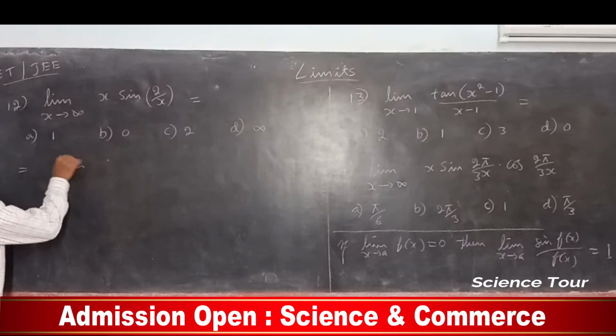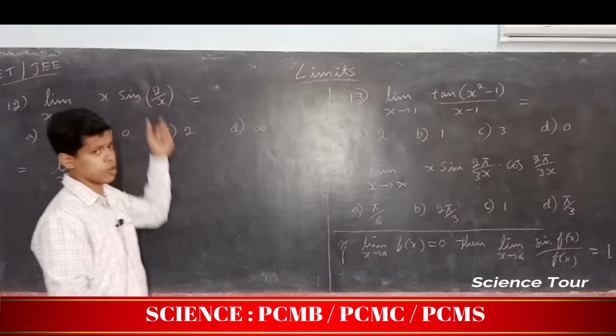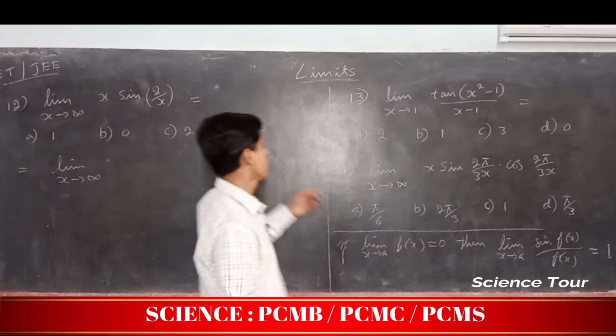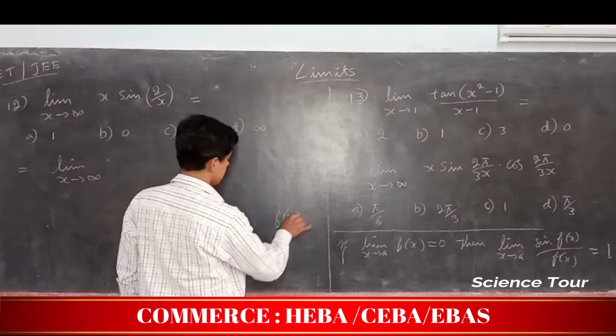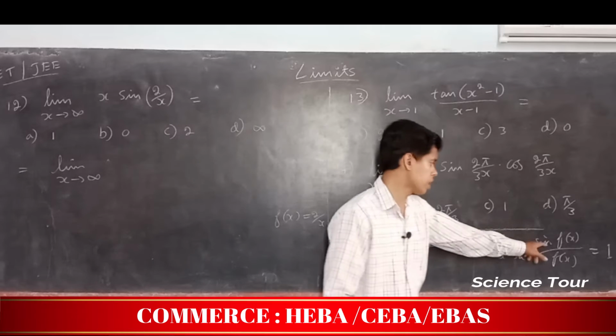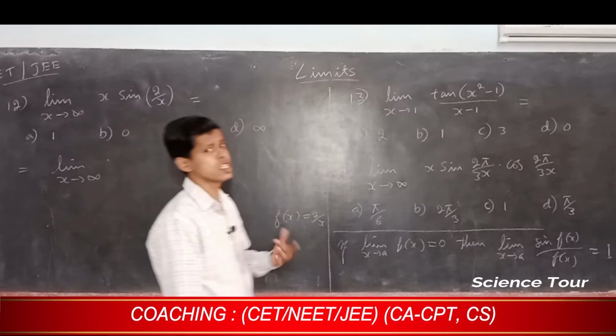What is f of x by the way? Sine f of x, correct? So, this is sine f of x. What is there in the place of f of x? 2 by x. So, f of x is 2 by x. You have got the numerator part of this formula, sine f of x, but you need to have f of x in the denominator.